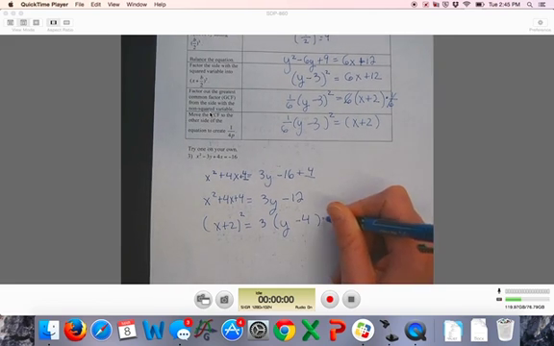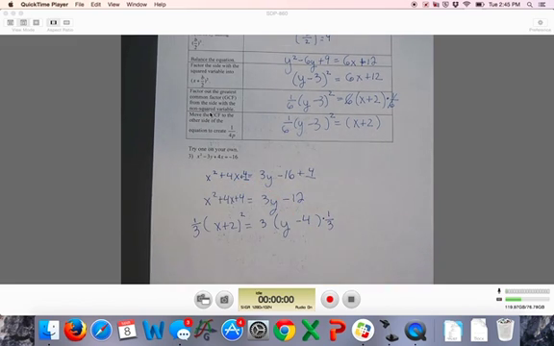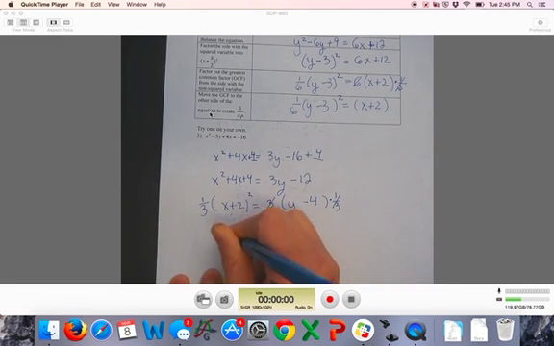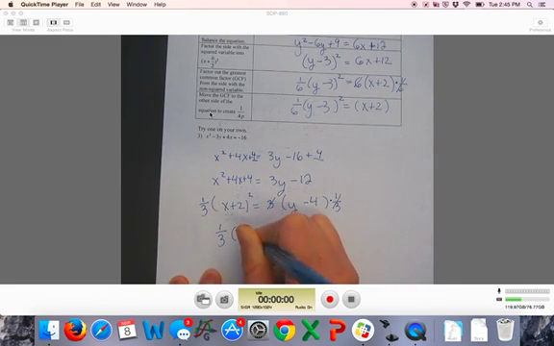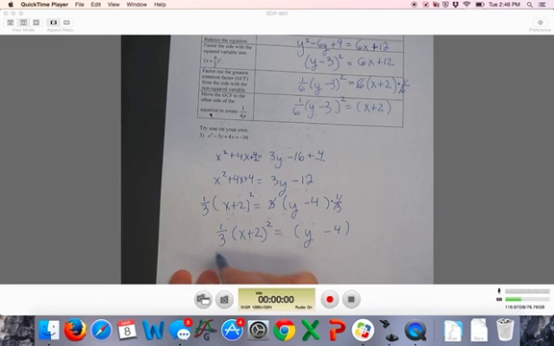And then like we did before, we need to multiply by the reciprocal. So the 3 and the 1/3 cancel, giving you 1/3 (x plus 2) squared equals y minus 4. And that is your final answer.